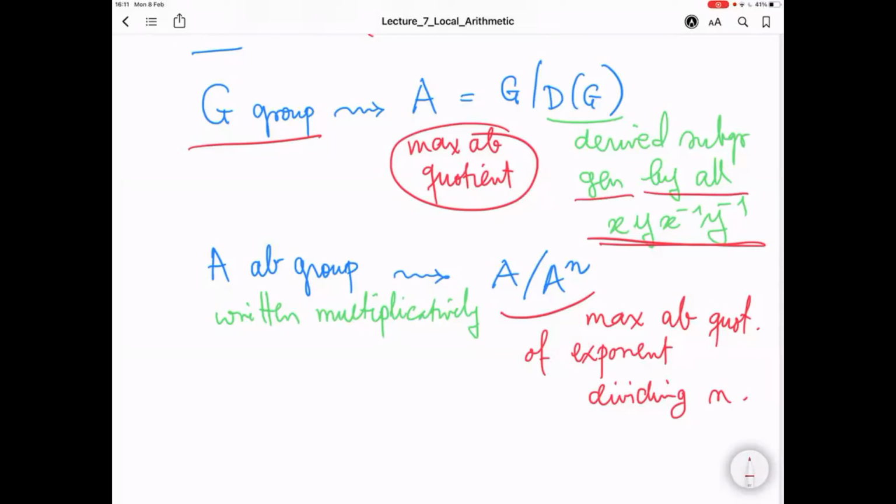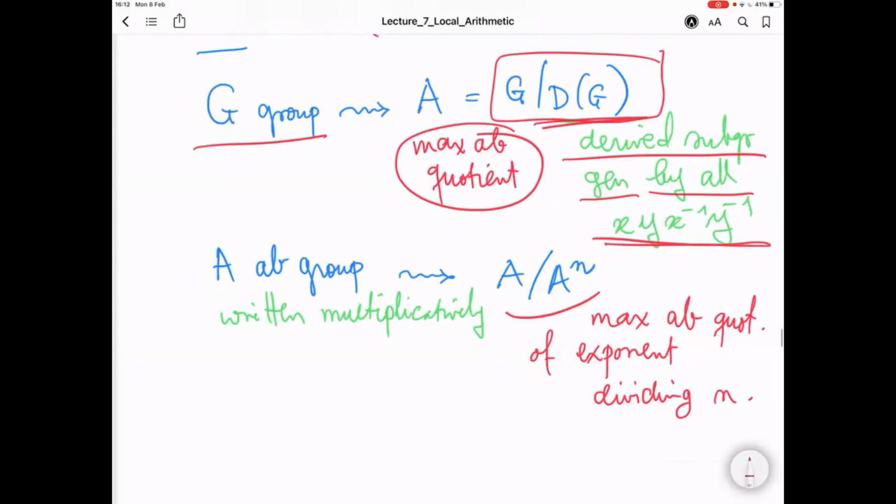And you take the subgroup generated by all such commutators. That's called the derived subgroup of your group G, and it's denoted DG. It turns out to be a normal subgroup, and when you take the quotient G modulo DG, it's called the maximal abelian quotient of G.